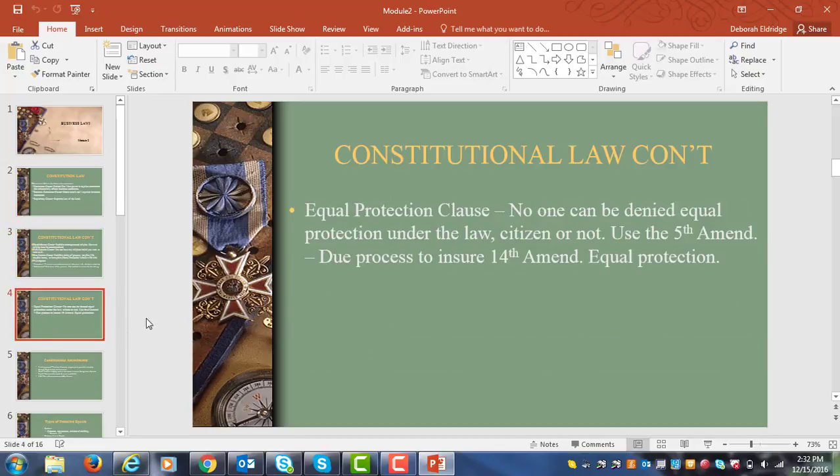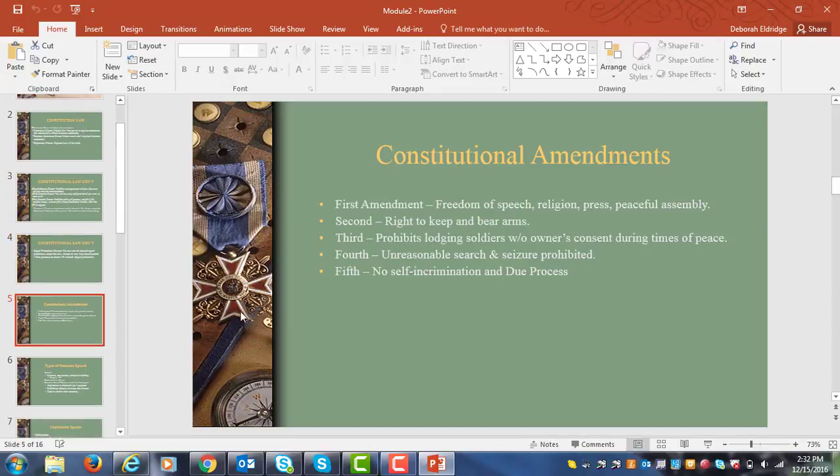So then we go on and we take a look at other areas of our Constitution, which concern the amendments to the Constitution and our Bill of Rights. When you look at the amendments, you're going to be looking at particular amendments.